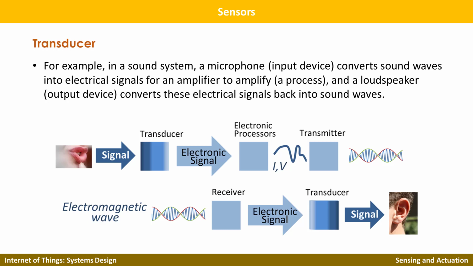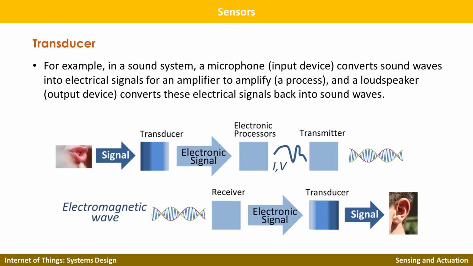As an example, in a sound system, a microphone input device converts the sound waves into electrical signals for an amplifier to amplify. So this is the process. And when it comes to the loudspeaker, which is the output device, it converts the electrical signal into a sound wave.